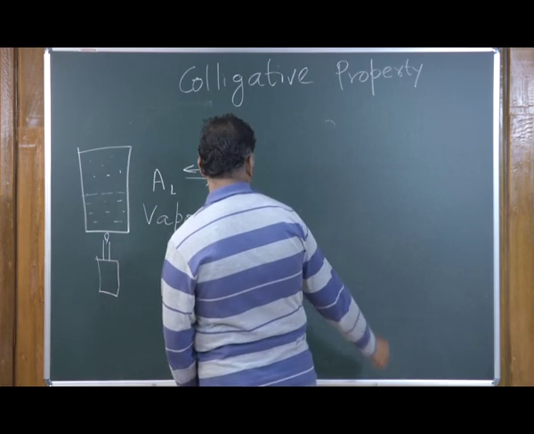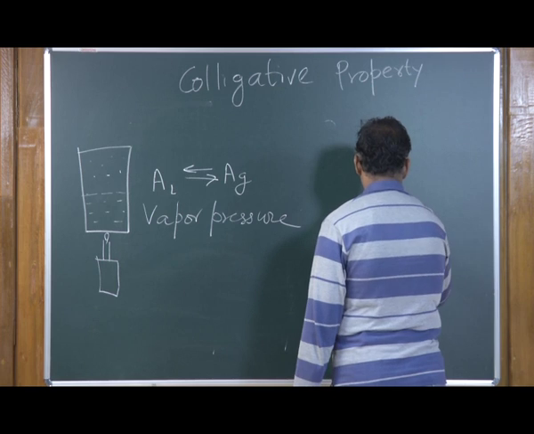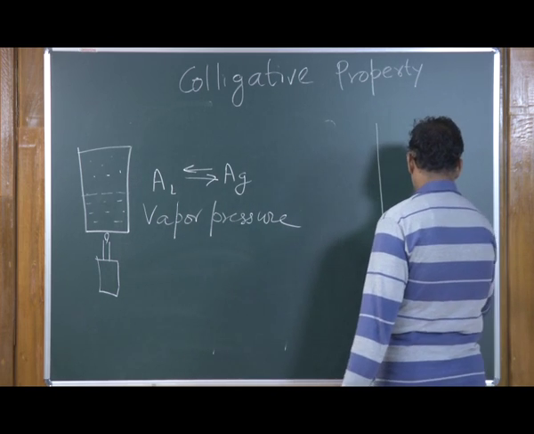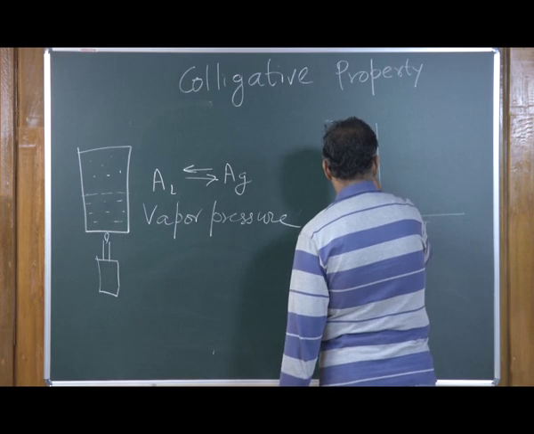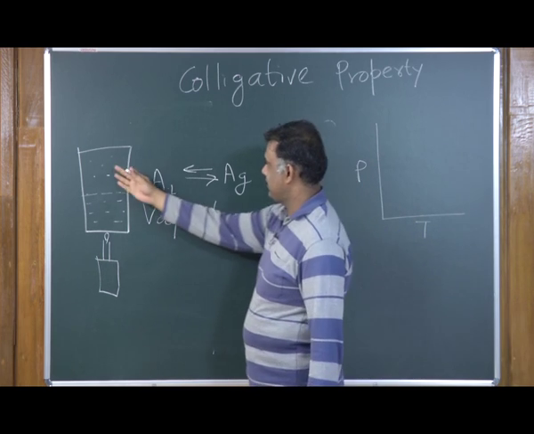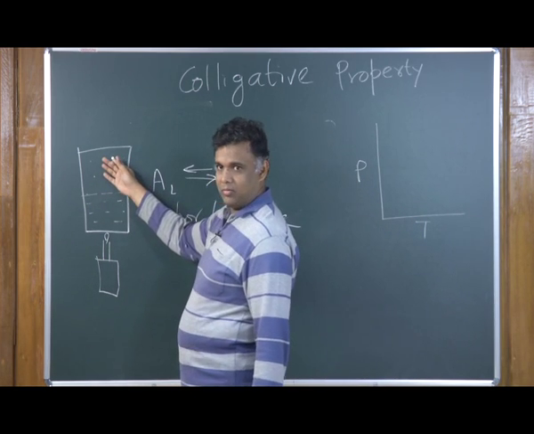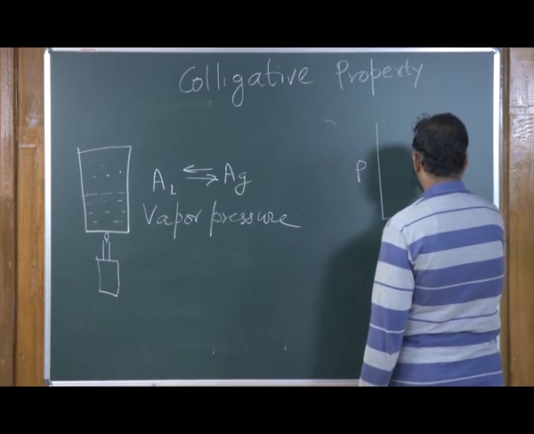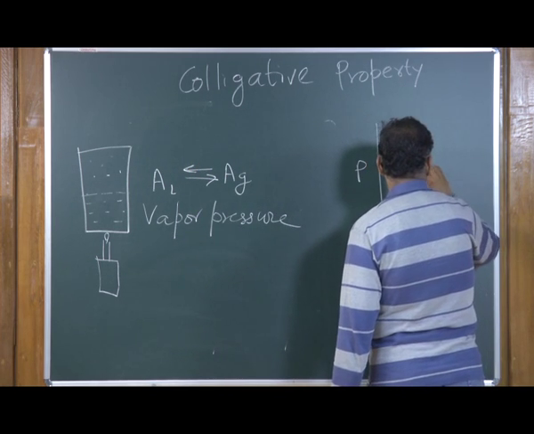And if I plot simply temperature versus this pressure exerted by the solvent vapor on the liquid, then I am going to get a typical curve like this.